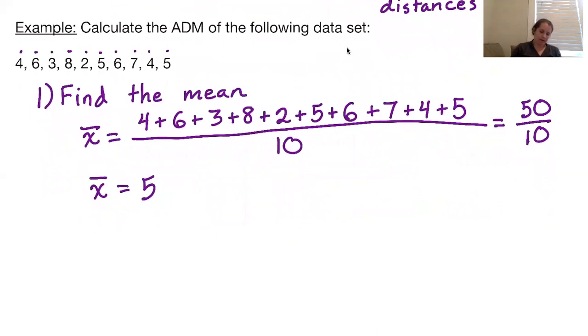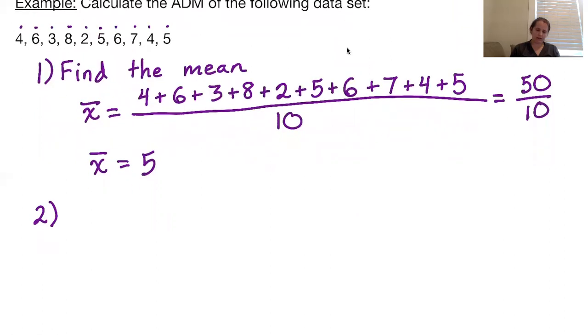Next up, we want to find the distance from each point, or distance between each point and the mean. We can either do this on the dot plot and visualize it, figure out how far away each point is from the mean, or we can just do the subtraction ourselves. I'm going to take a look at a dot plot.